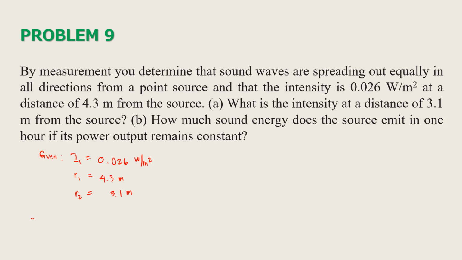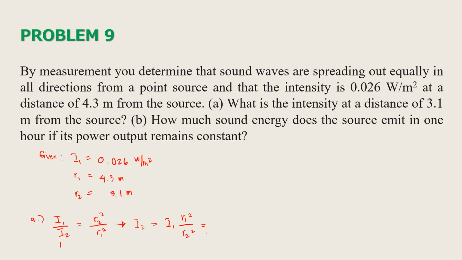So for letter A, we can use this equation, I sub 1 divided by I sub 2 equals R sub 2 squared over R sub 1 squared. Or we have I sub 2 equals I sub 1 multiplied by R sub 1 squared over R sub 2 squared.